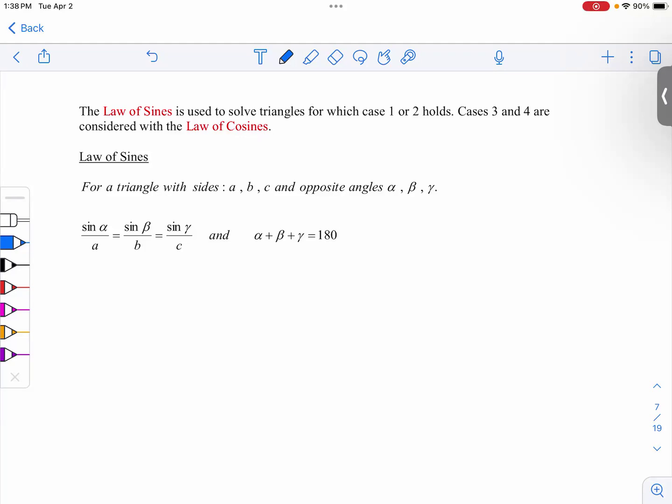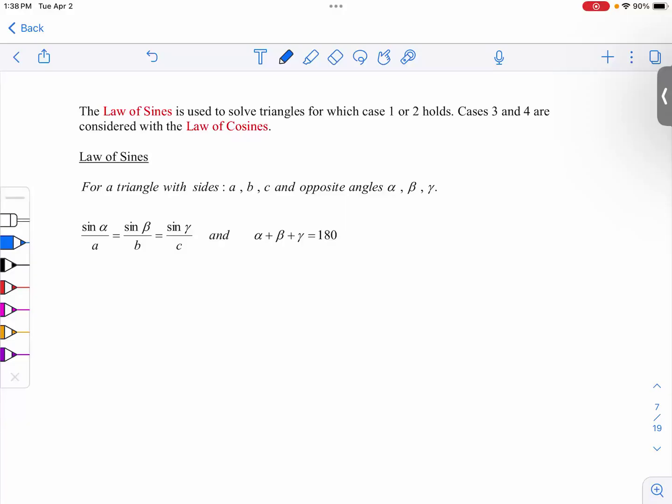All right, these are the 2 most common applications, all right, of trigonometry once you get past right triangles. So the law of sines is just the ratio test that we talked about in the beginning. Sine of the angle corresponds over that side. And all this is a ratio.